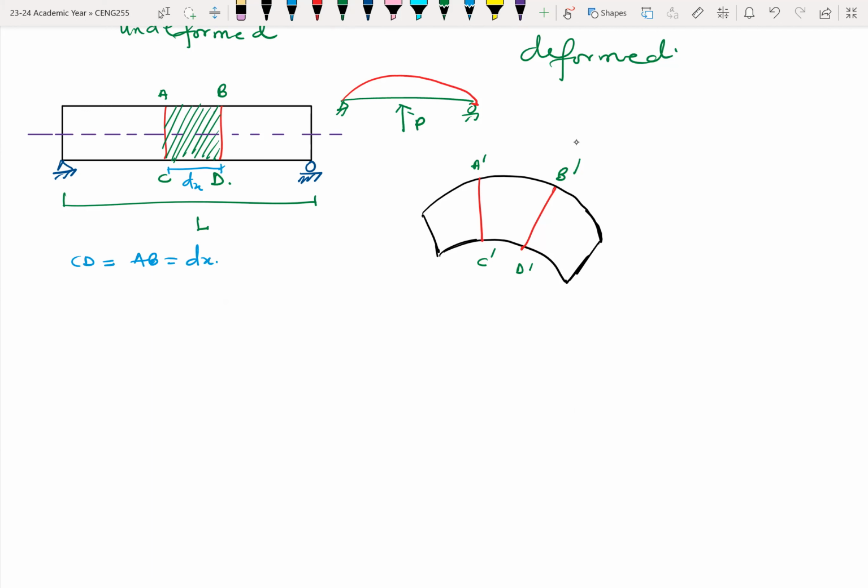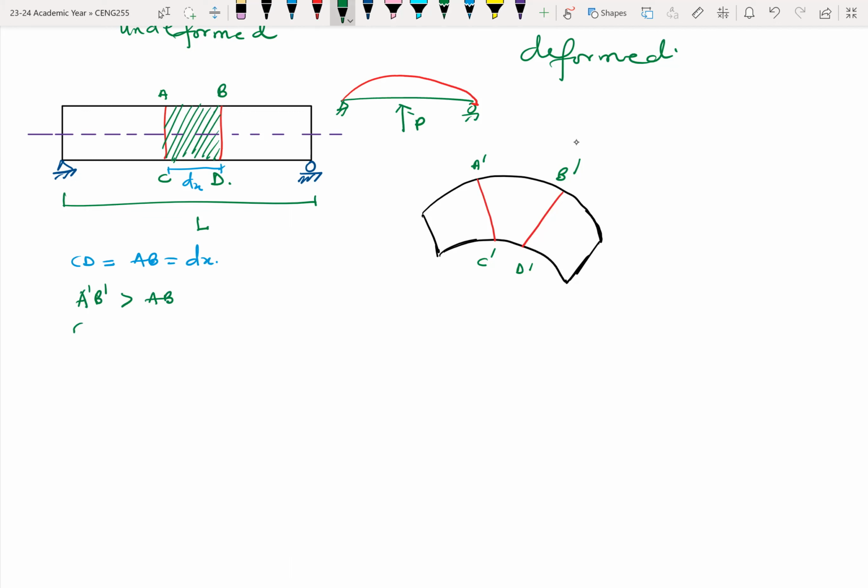Now, let me draw it better here. Okay, so that I just exaggerate. Okay, great. So we can see that once the beam deforms, A prime B prime is greater than AB.